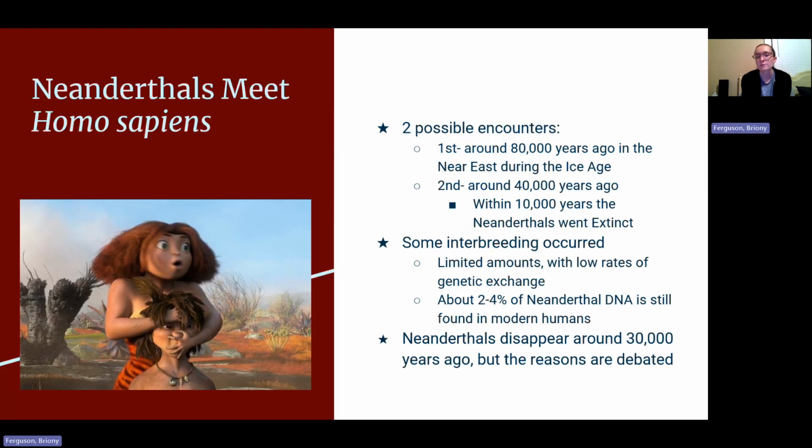There are actually two possible encounters for when Neanderthals and Homo sapiens met the first time, or any times. And the first time that we believe that they met was actually around 80,000 years ago in the Near East during the Ice Age. The Ice Age would have created kind of a walking path between the two continents that didn't exist previously.